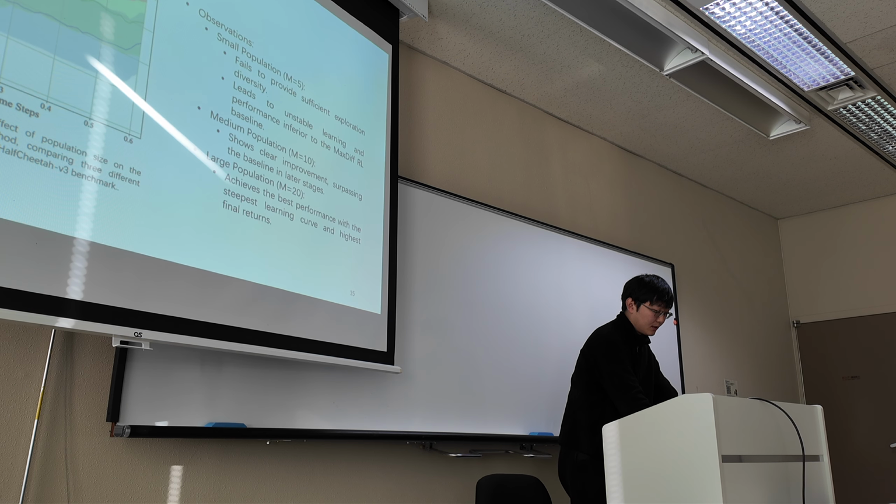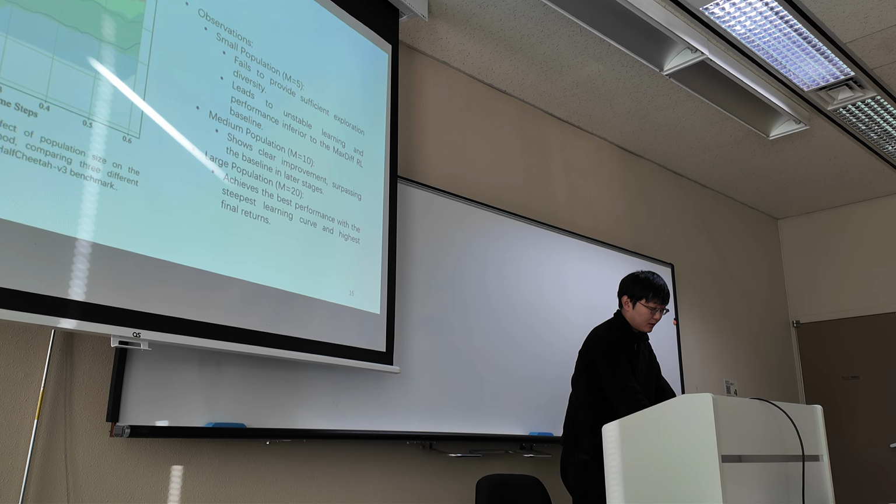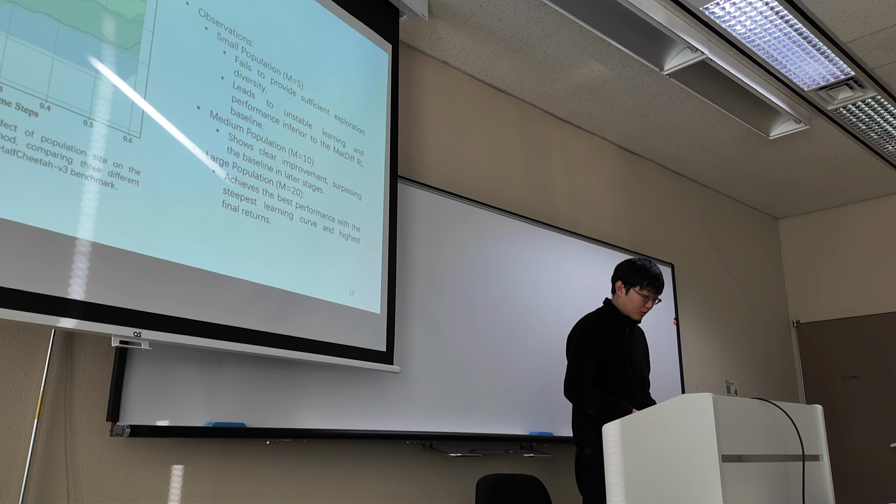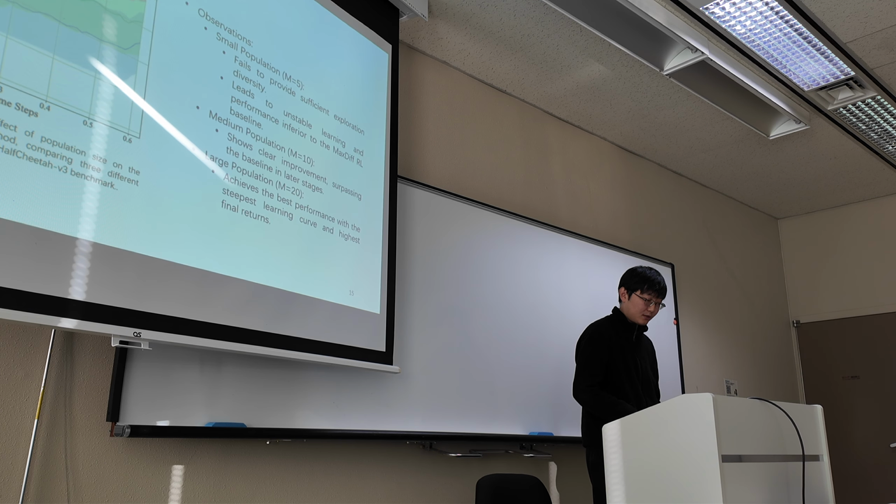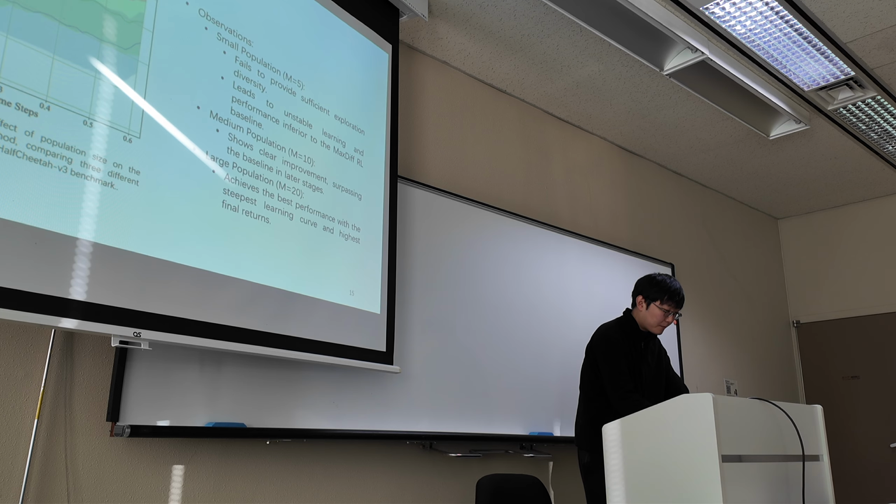However, increasing the size to 20, the red line, yielded the best stability and the highest final returns. Therefore, we select M equals 20 for our experiments to balance performance with computational cost.